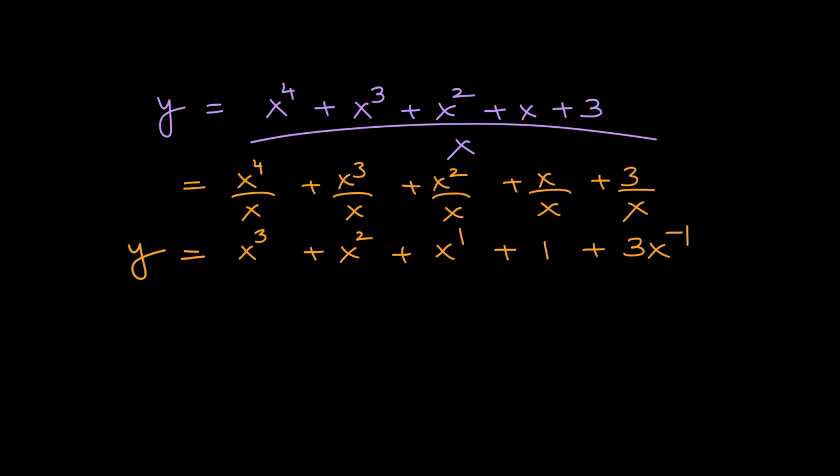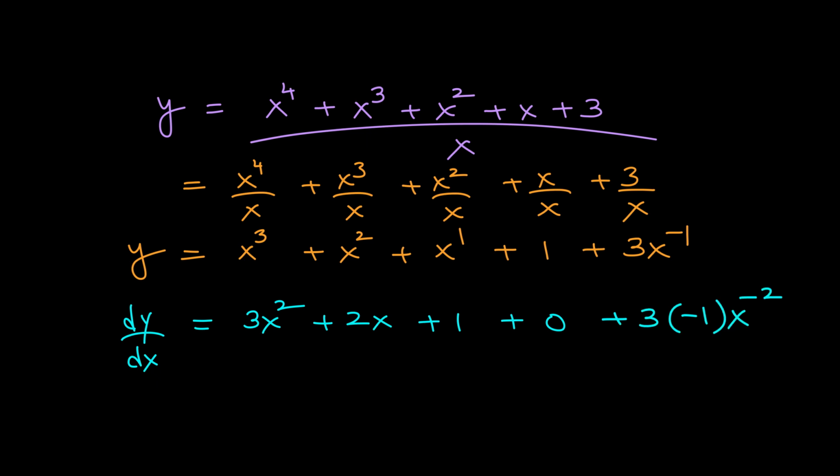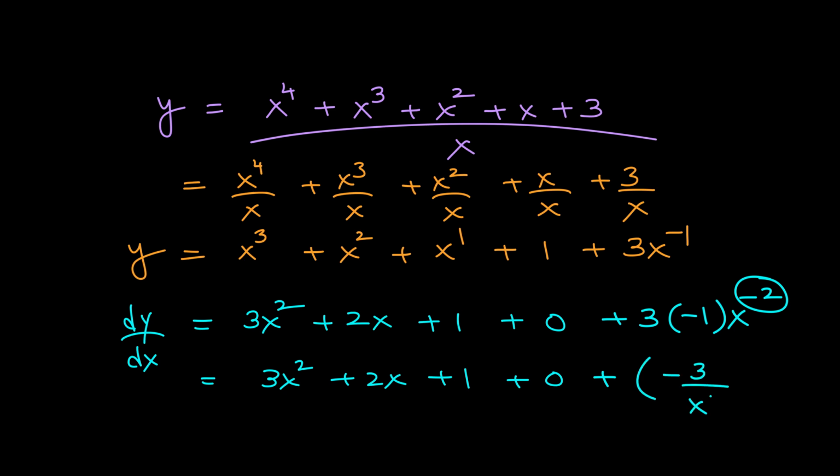It's all equal to y. Now differentiate. dy by dx is 3x squared plus 2x plus 1 plus 0 plus 3 times -1 times x^(-2). Because of the subtraction, this becomes 3x squared plus 2x plus 1, let's discard the 0, minus 3 over x squared. That is the expression for the differentiation.